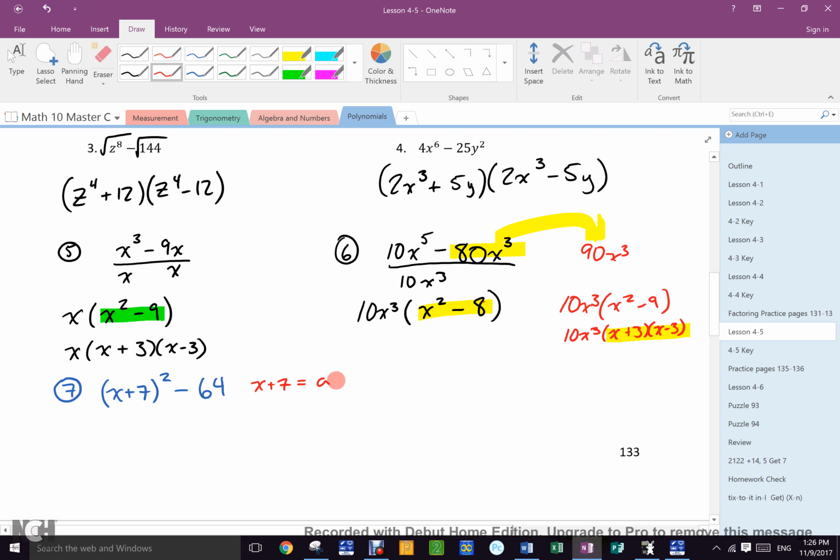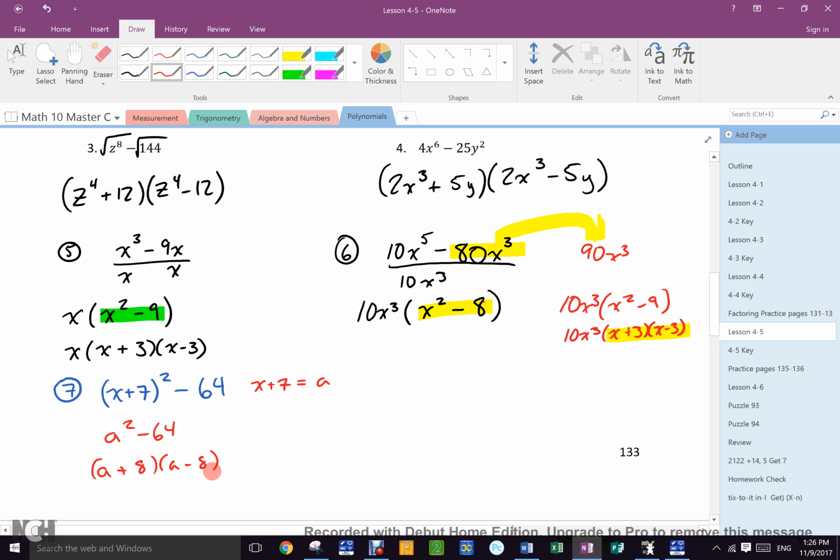I can choose any symbol I want. So if that is A, I rewrite this as A squared minus 64. Now, does that look exactly like that? Yeah. So I take the square root of the first one, which is A, and I add the square root of the second one, which is 8. And then I write it again with minus 8, yes?